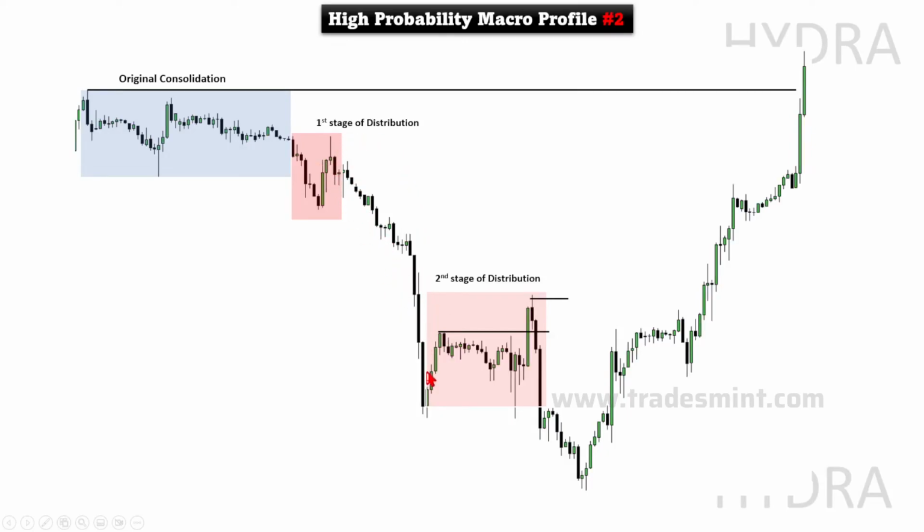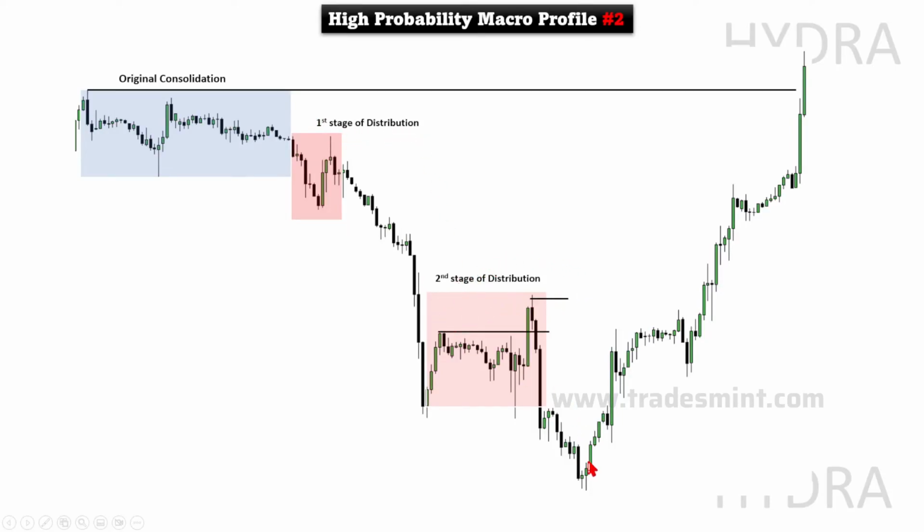That's what we expect. Then price retraced higher, and now we know that price is doing a second stage of distribution. We'll be looking for a stop hunt to happen, and that's what happened here. We outlined it, we marked it, and now when price is coming here, we'll be looking for this same structure to repeat here. And we were able to identify our first stage of distribution, our second stage of distribution.